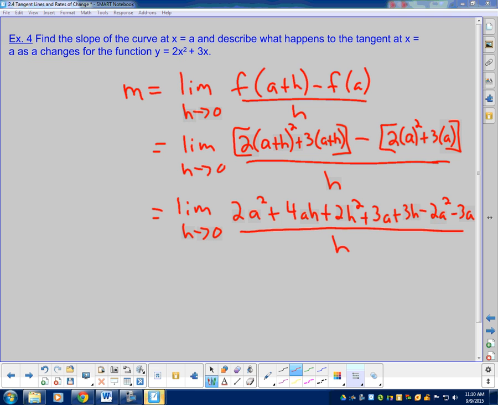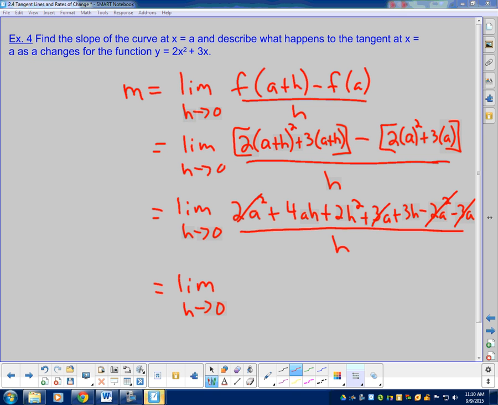Okay, what do we expect to happen next? Some canceling. What cancels? 3a's are gone. 2a squareds are gone. And the h from each of the terms left on the top will cancel with the h in the denominator. Same thing will happen each time, so you don't need to get caught up in the algebra here.